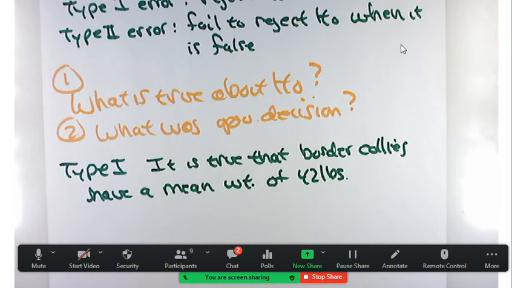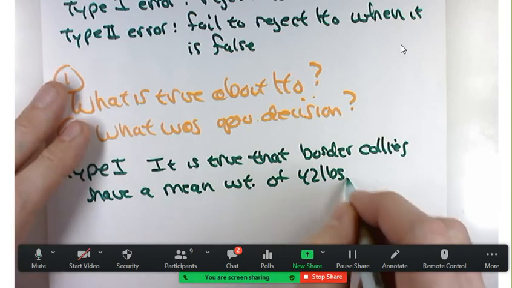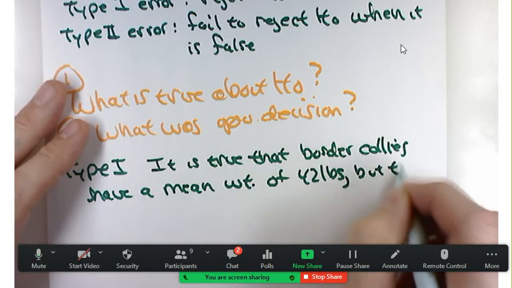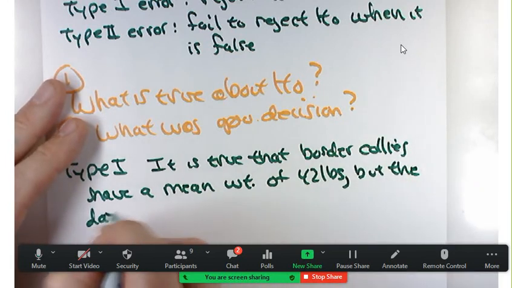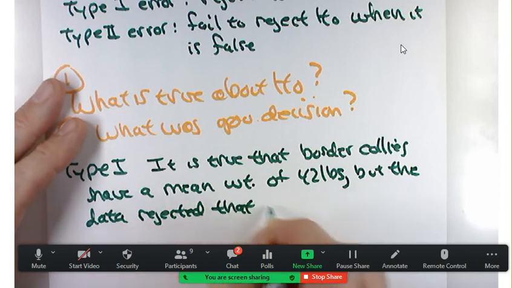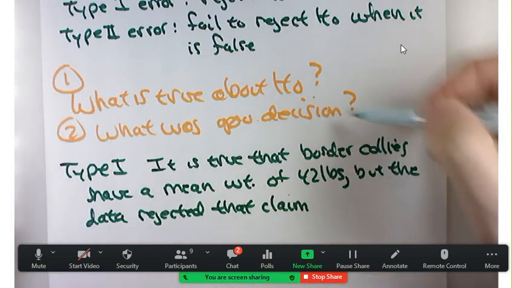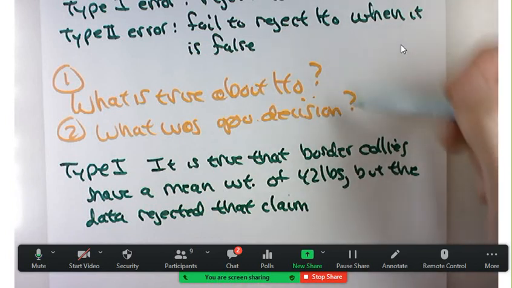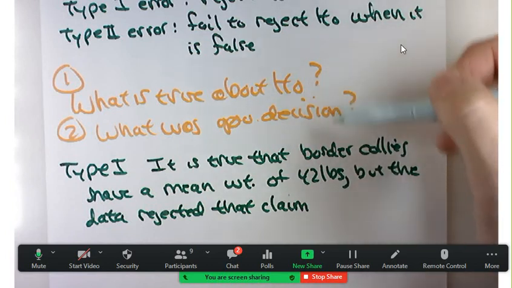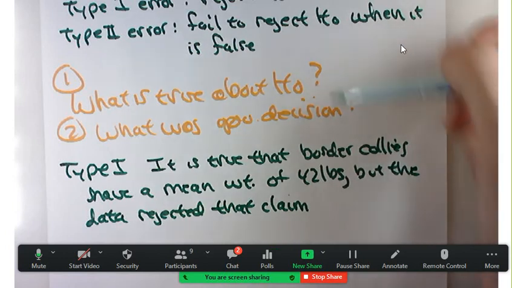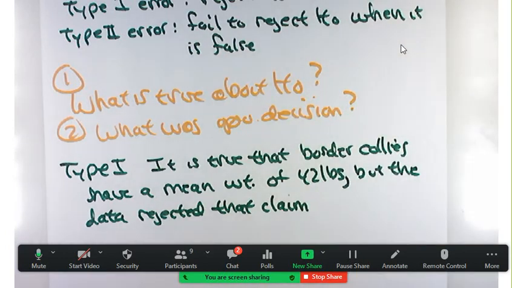The second part is you have to say, well, what was your decision? Now, if you've made an error, then your error was that you rejected that. So the second part is, but the data rejected that claim. If you're making a mistake, then these two things should be pointing in opposite directions. What's true and your decision should not match.